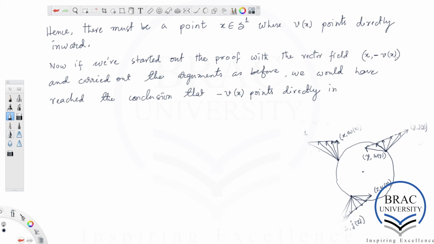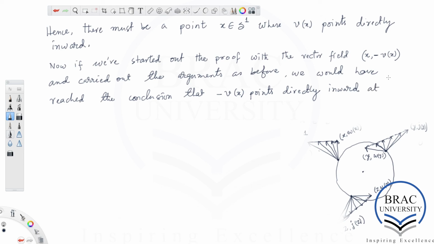So whatever we carried out with v of x will now be translated to minus v of x. We found earlier that v of x points directly inward. Now the conclusion would be that minus v of x points directly inward, using the same argument.